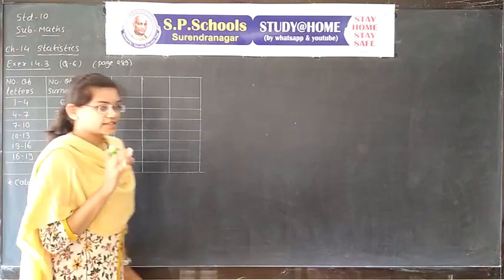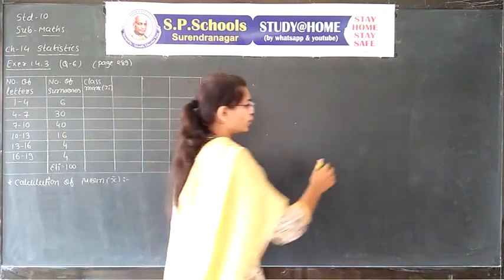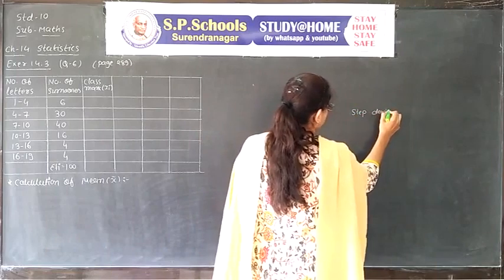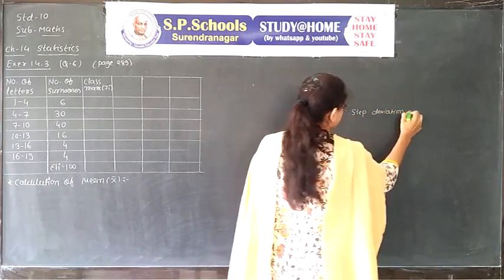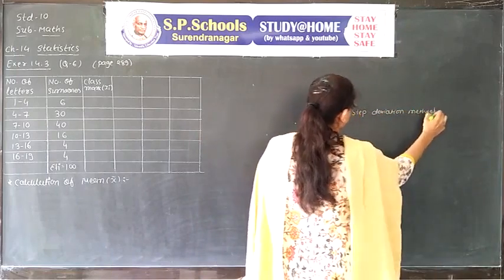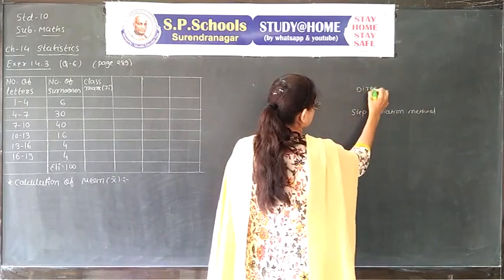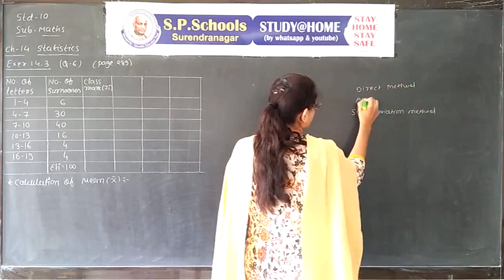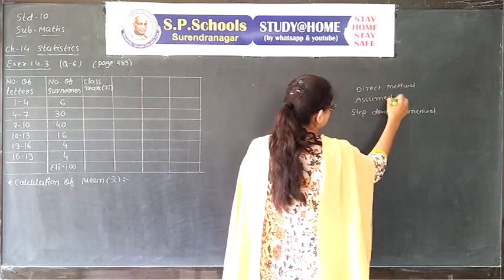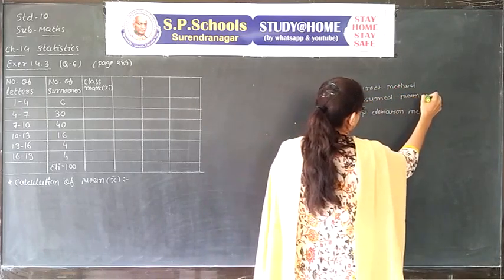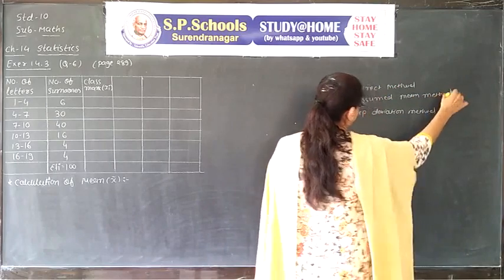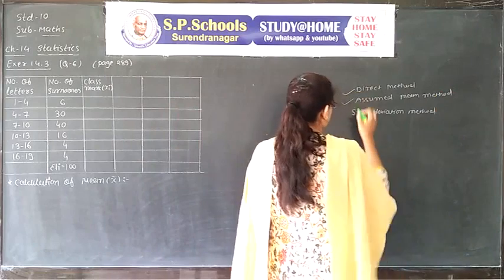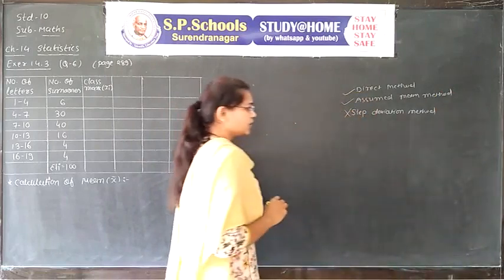As we know, the step deviation method is cut out from our syllabus. The first is the direct method, the second is the assumed mean method, and the third is the step deviation method to find the mean of a grouped frequency distribution, of which two are in our syllabus but the step deviation method is cut out.